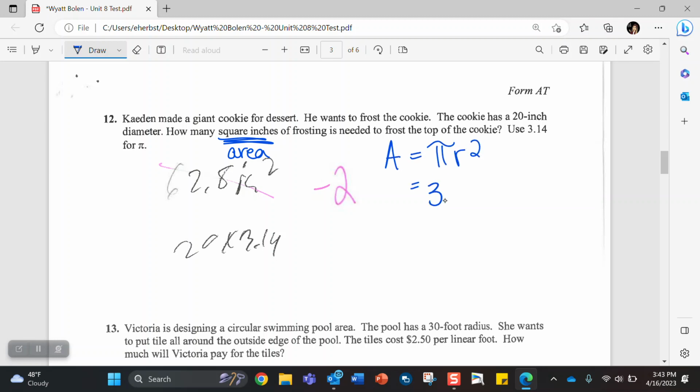So 3.14. We're told that this cookie has a 20-inch diameter again, but we need the radius. So we have to cut 20 in half to get 10, and we're going to square that. 10 times 10 is 100. 100 times 3.14 is 314, and so that's the answer, 314 inches squared.